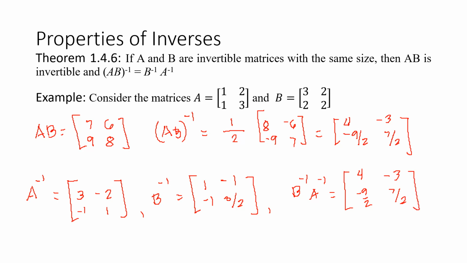So in other words, the inverse of AB is equal to the inverse of B times the inverse of A.